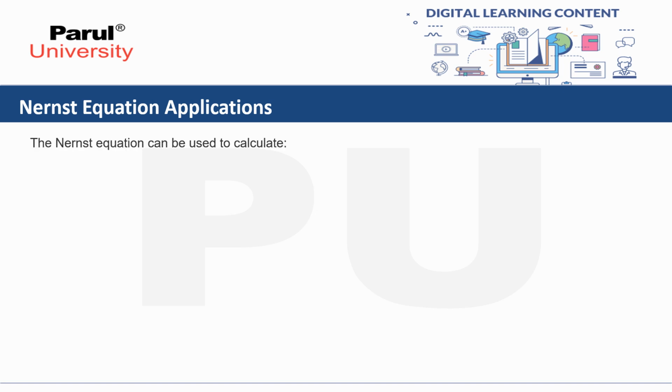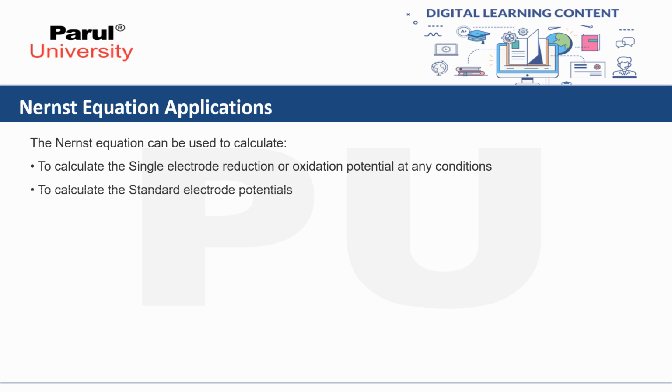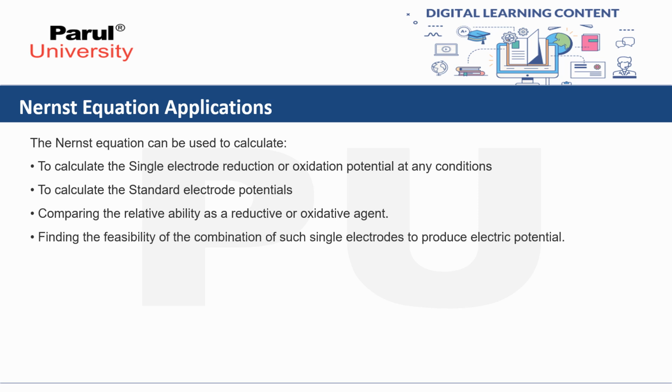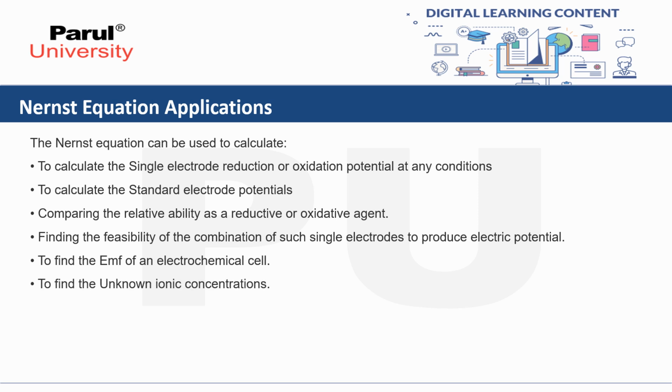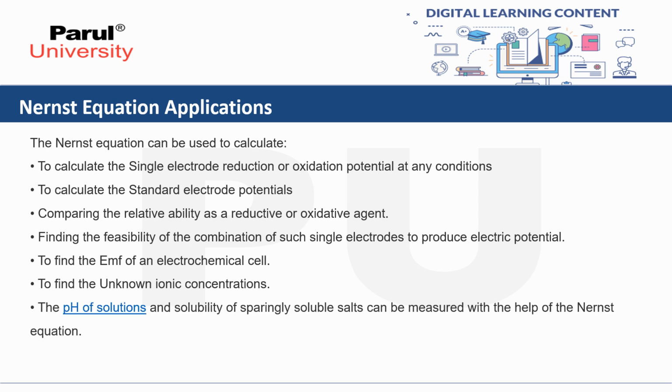So this Nernst equation can be used to calculate the single electrode reduction or oxidation potential at any condition, to calculate the standard electrode potential, to compare the relative ability as a reductive or oxidative agent, and to find the feasibility of the combination of such single electrodes to produce electric potential. The Nernst equation is also used to find the EMF of an electrochemical cell and to find the unknown ionic concentration.